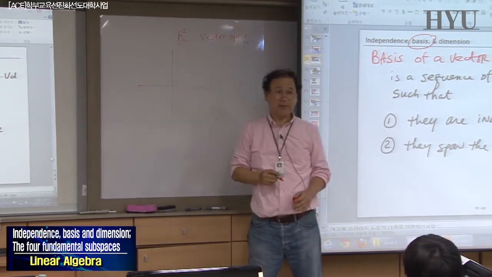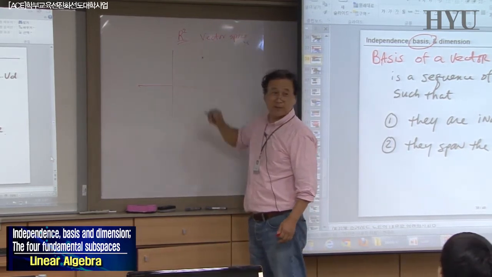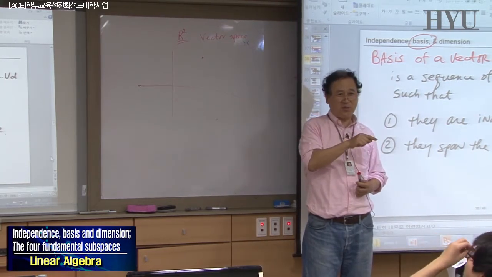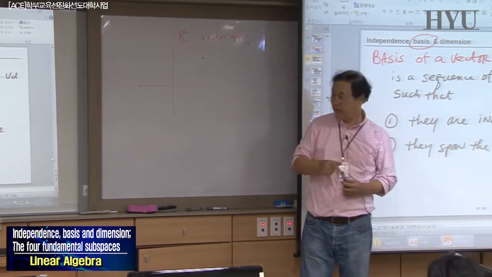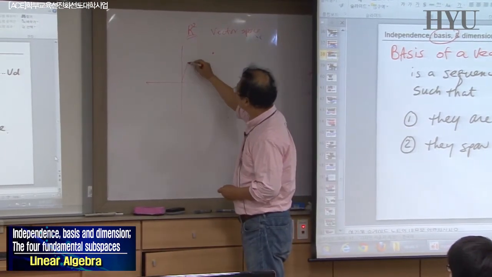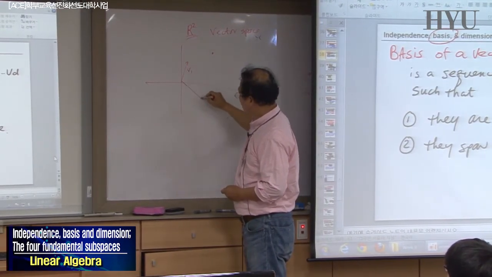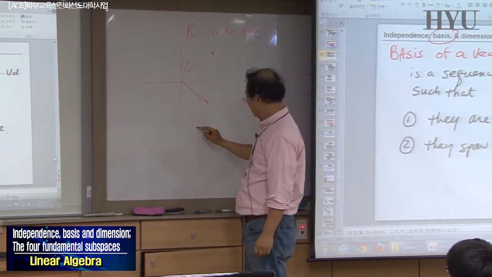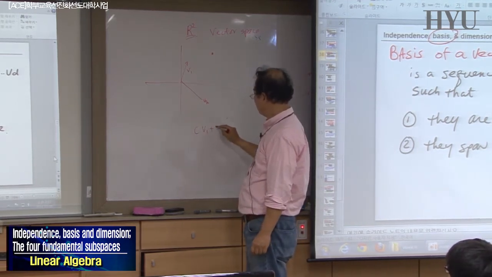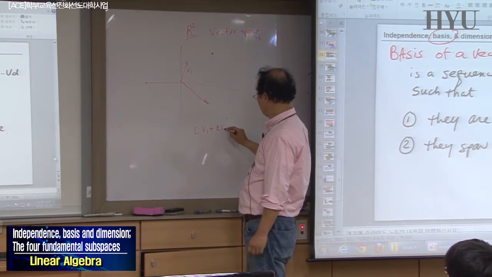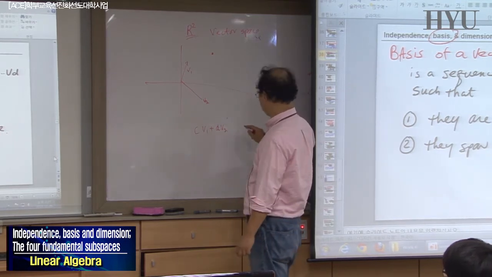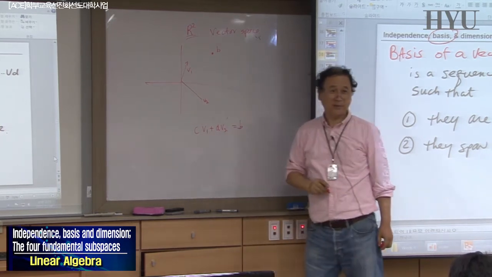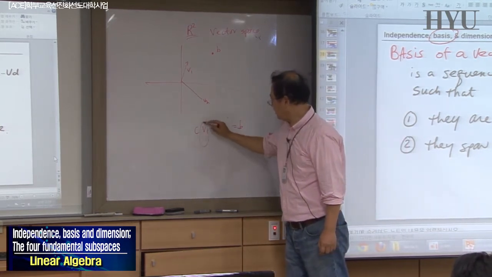Any point in this space can be represented as a combination of other vectors. Let's say this is V1, this is V2, then this point can be combined as C V1 plus D V2. So I can find C and D which satisfy, let's say, it is B. Okay? So in this case I say this is the basis.